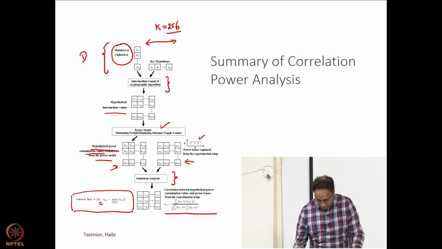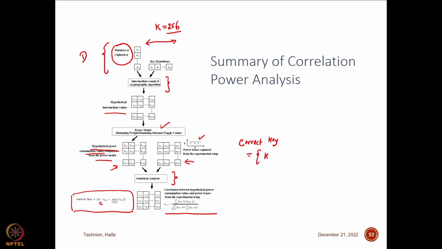So you basically, maybe I'll just write it down for the sake of, because it may not be very legible. So the correct key is this, that is you return that corresponding ki for which your rkij, that means your correlation, stands out to be the maximum. Okay, among all the possible rkj's, this one is the maximum for all possible runs of k's and j's.